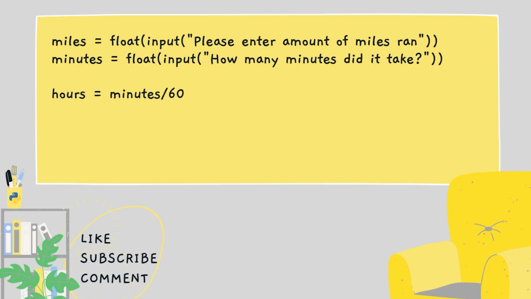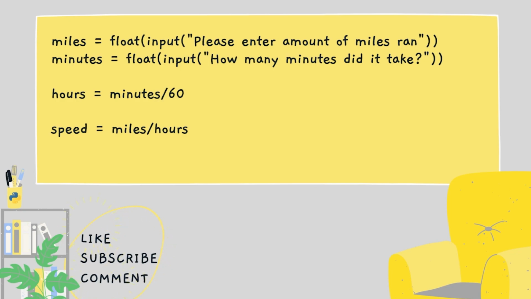Alright, finally, we have everything we need to calculate someone's speed. Let's now create a variable called speed, which will hold how fast our user was running. Now, the formula for speed is the distance divided by time, or in our case, miles divided by hours.